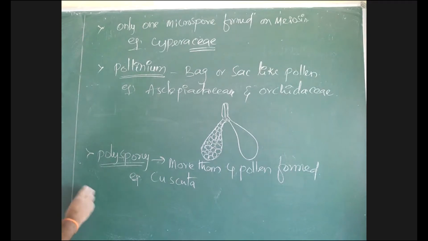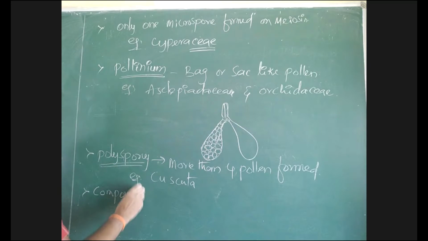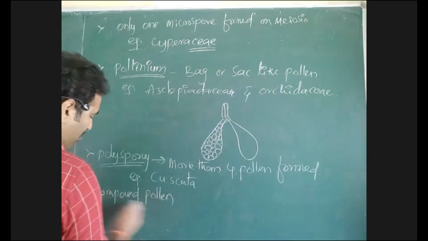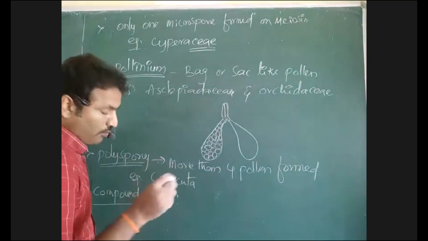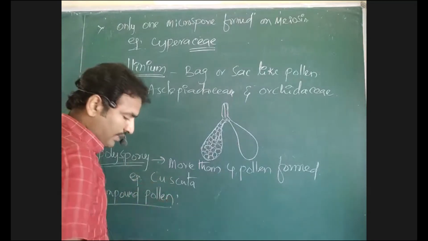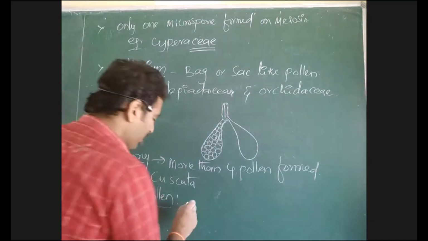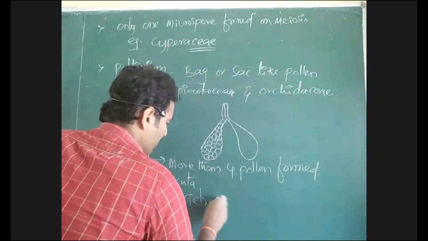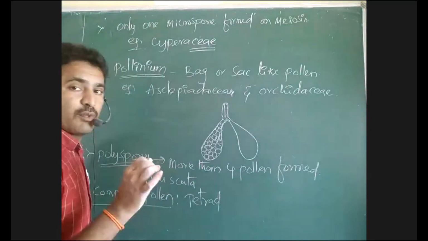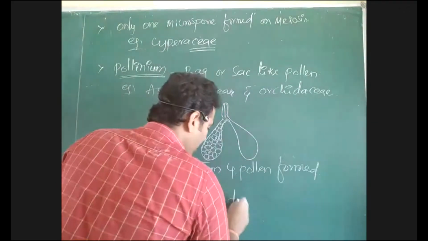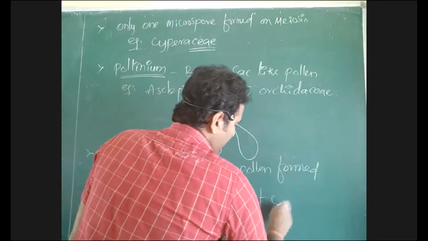Another condition is called compound pollen. What is compound pollen? It is a condition where 4 haploid spores are formed as a tetrad, but the tetrad does not separate.